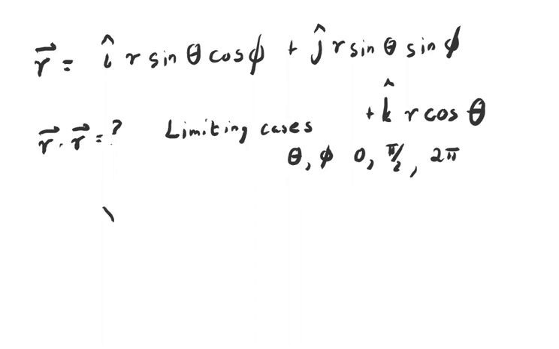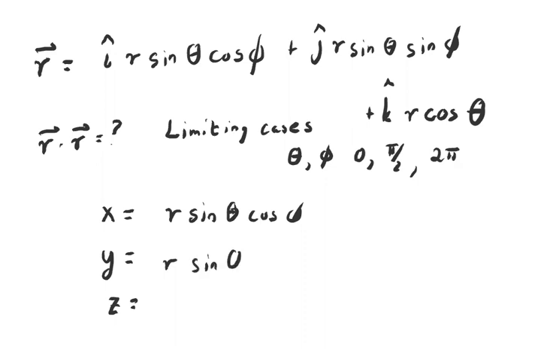You can read out from this exact definitions for x, y, and z. They are r sine theta cosine phi, r sine theta sine phi, and r cosine theta. And it's a nice, quick, easy way to see that, in fact, what you've written makes sense.